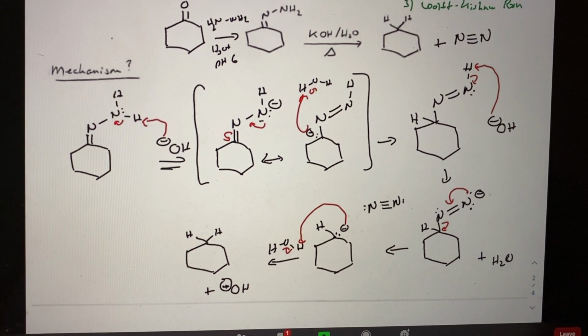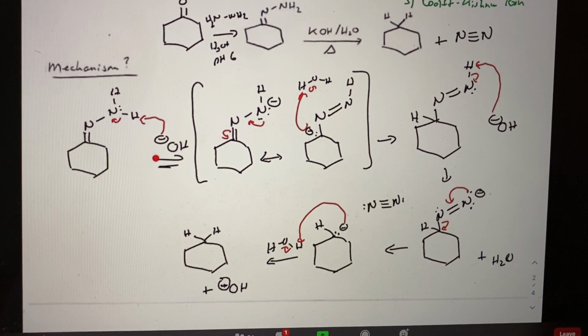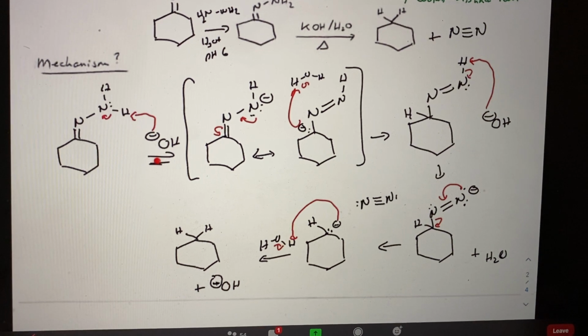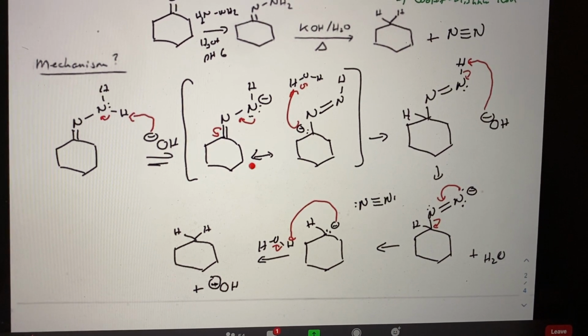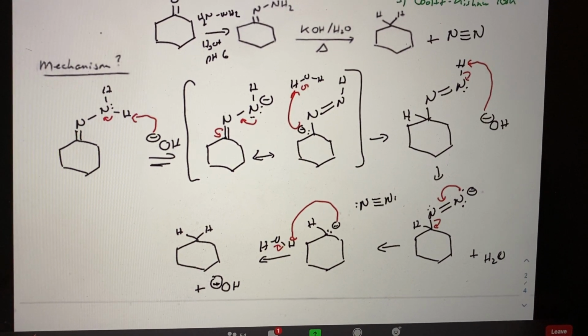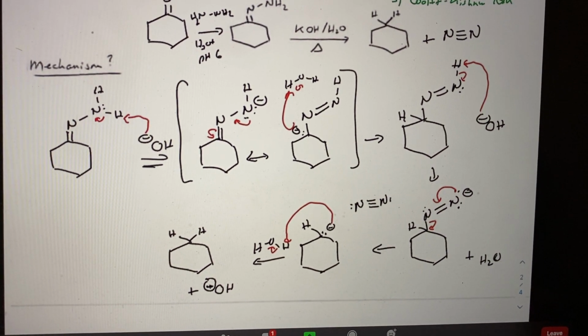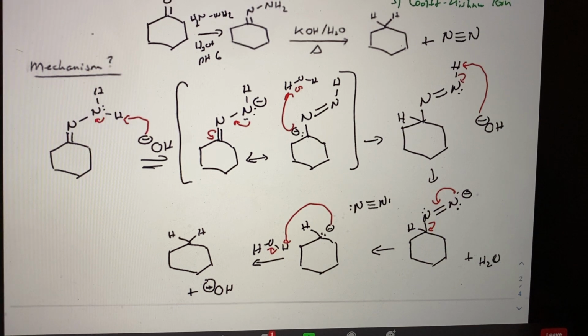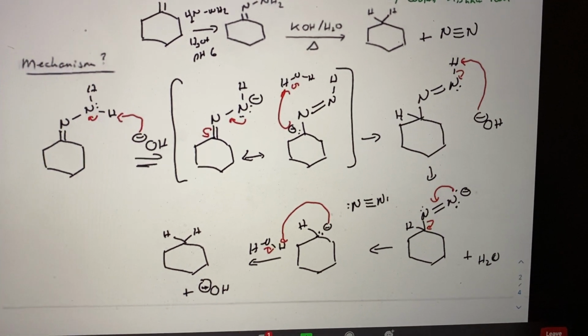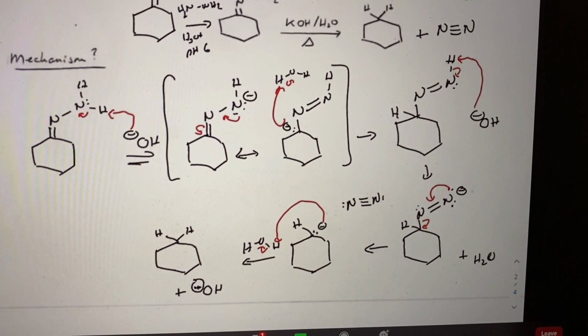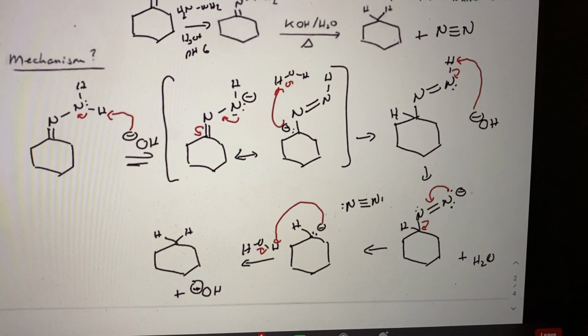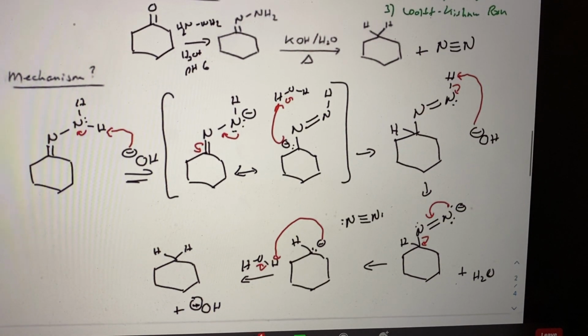Nitrogen is released, and it brings back some ideas of acid-base chemistry. It's a little bit different than what we've seen. Resonance, and then formation of nitrogen in the end, which is going to be the driving force. So this is a useful reaction for removing a carbonyl group. So that's our third way now of removing a carbonyl group.